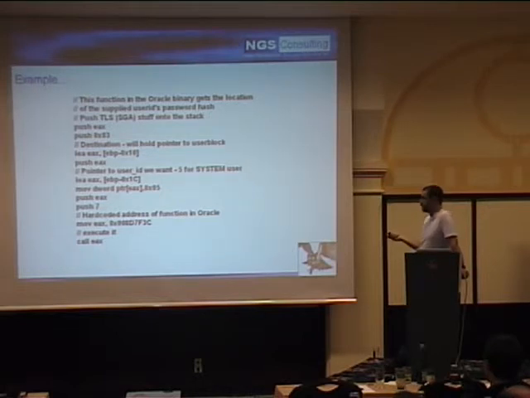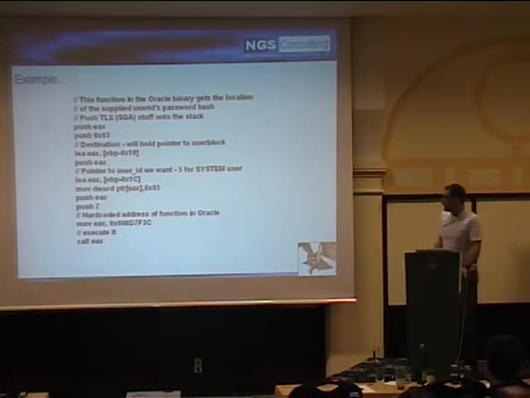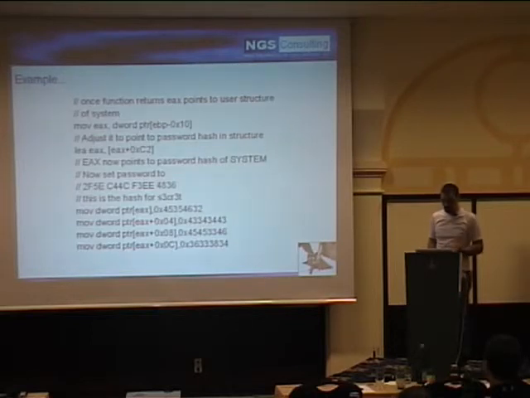That's actually in the Oracle executable itself, and then we call it. Now, I got this address by disassembling the authentication procedures, and looked at what it did and thought, well, wait a minute, we can hook into that and manipulate the password hashes. So once we call EAX, we should have a pointer back to the user structure for the system user.